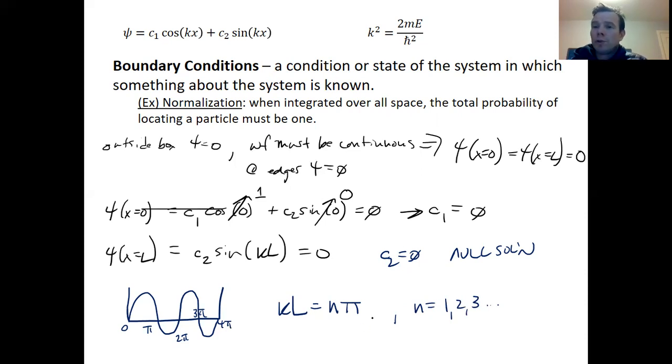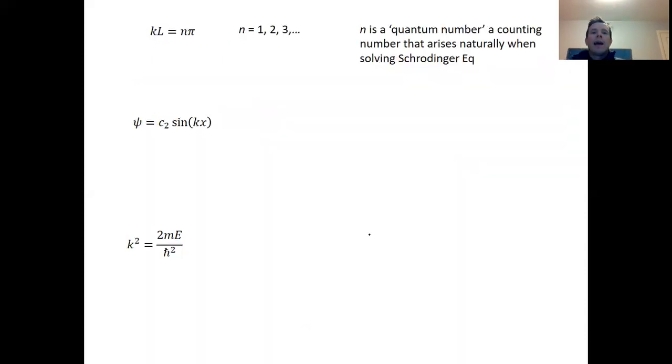If this were true, then this statement would also be true, right? And so this is another way to set this condition equal to 0. At the end of the day, I can solve this expression for k: k equals n pi over L.